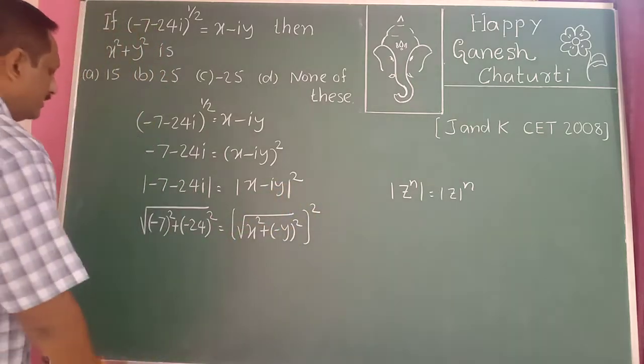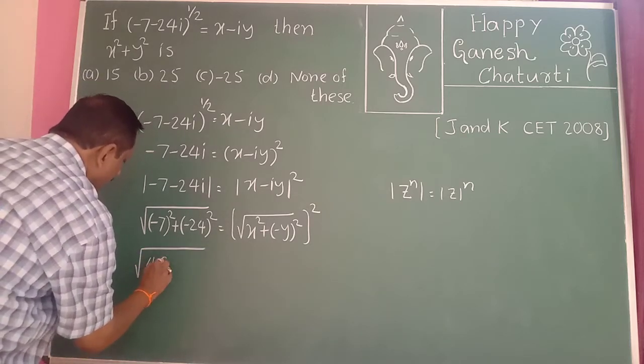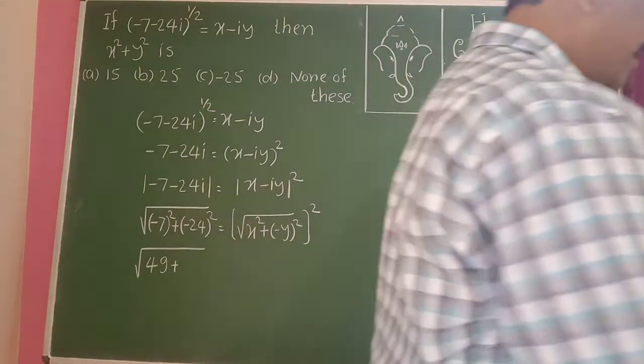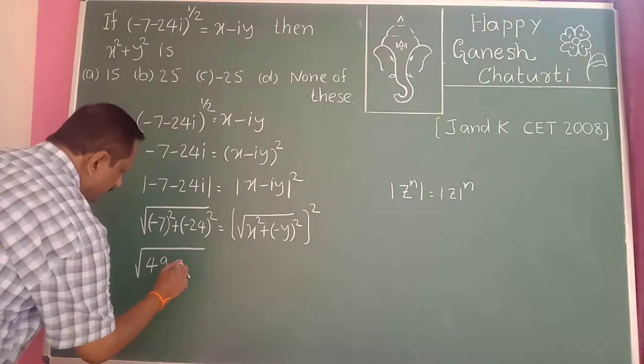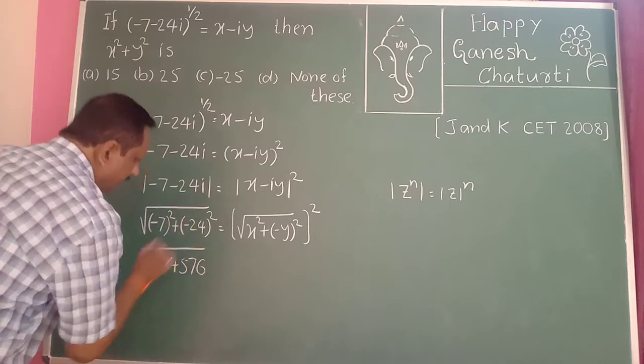Then the root of 7 square is 49, plus 24 square, which is 576.